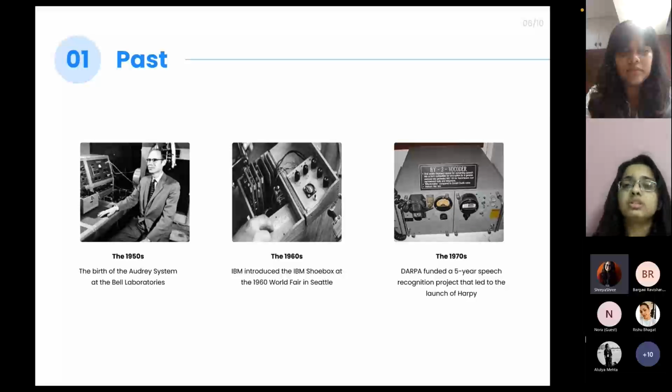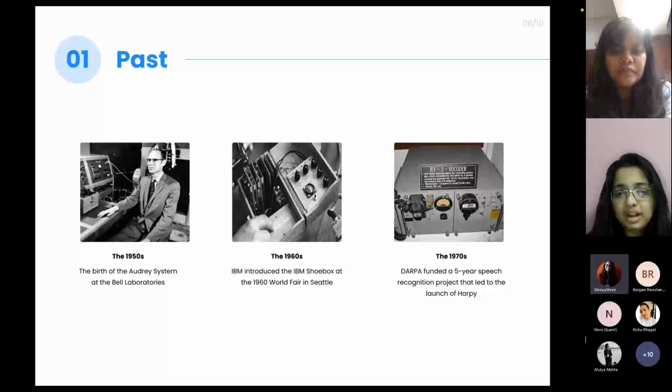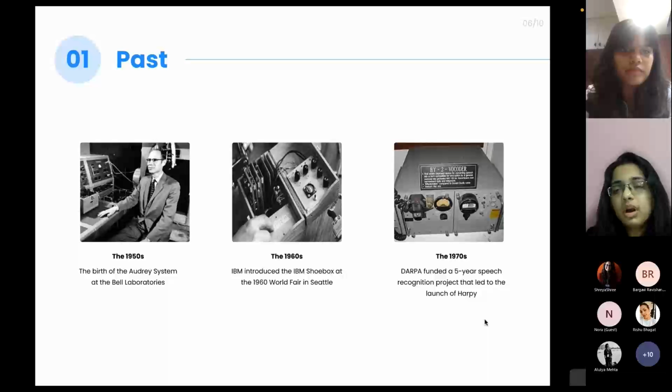And this particular system worked in a very similar fashion as the Audrey system, but the recognizing of the voice was a little faster in terms of trying to understand what the person is saying. So this particular system was actually displayed in the World Fair during the 1960s, 1961, to be approximate.